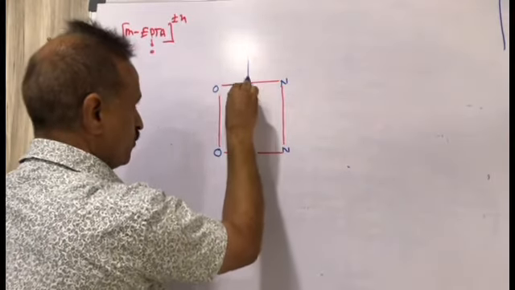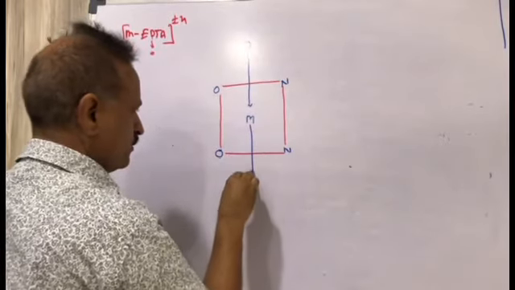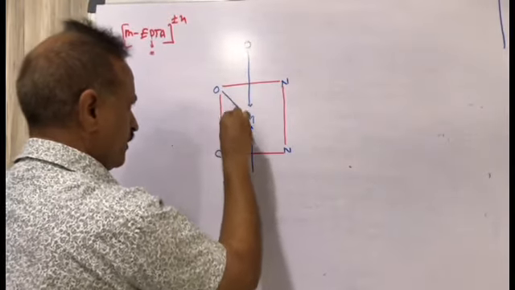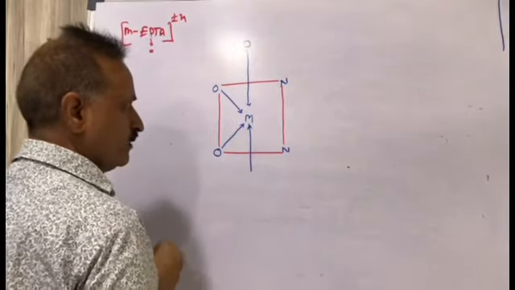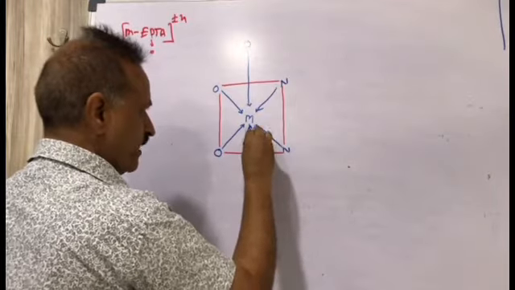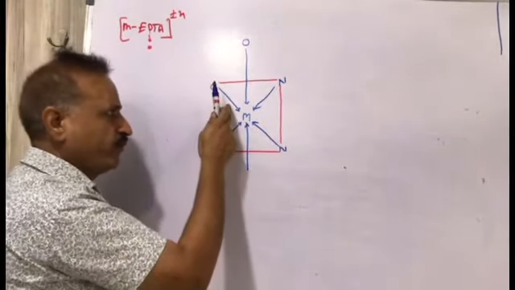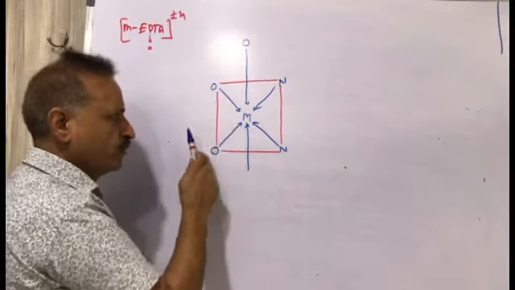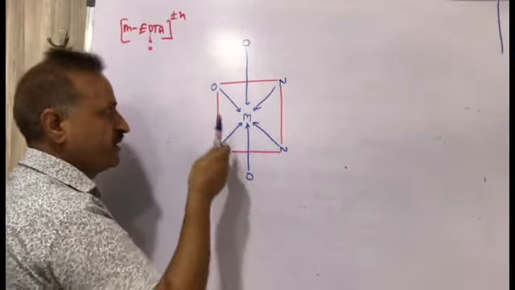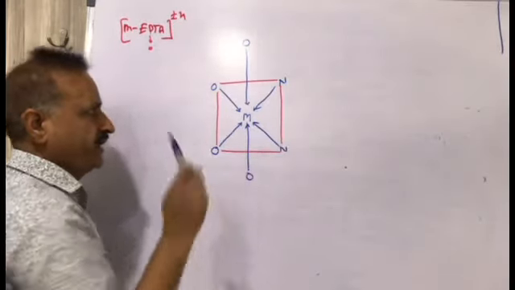There are 4 O in EDTA: 1O, 2O, 3O and 4O, and 2N in EDTA: 1N and 2N. You can now count, there are 6 coordinate covalent bonds. The sign of a coordinate covalent bond is an arrow. 4 oxygens are present in EDTA and 2 nitrogens are present in EDTA.